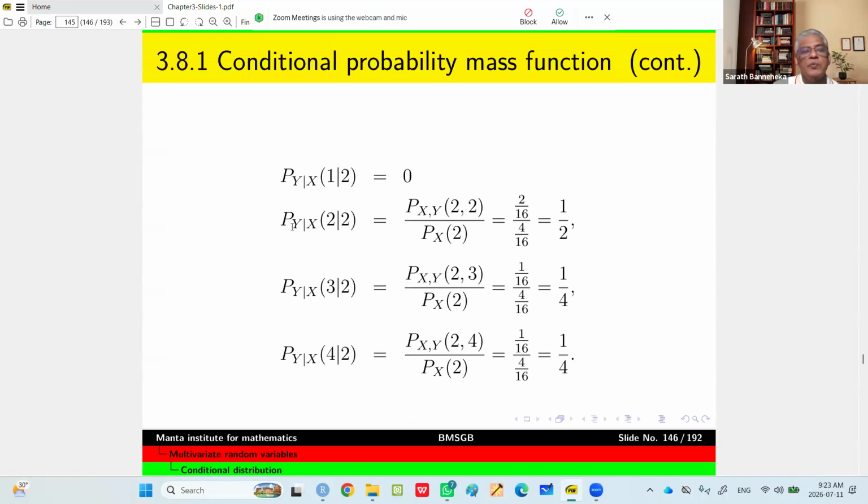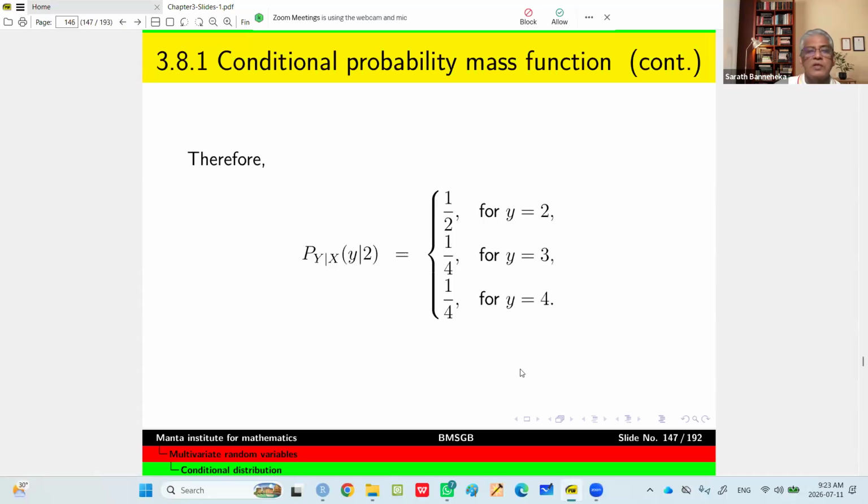Then the conditional probability of y being equal to 2 given x equal to 2 is given by this expression: the joint probability divided by the marginal probability of x. Similarly, these values can be calculated separately to get this expression for the conditional probability mass function of y given x equal to 2. Here the value at which we are evaluating this function is y, so depending on y, this probability is different.